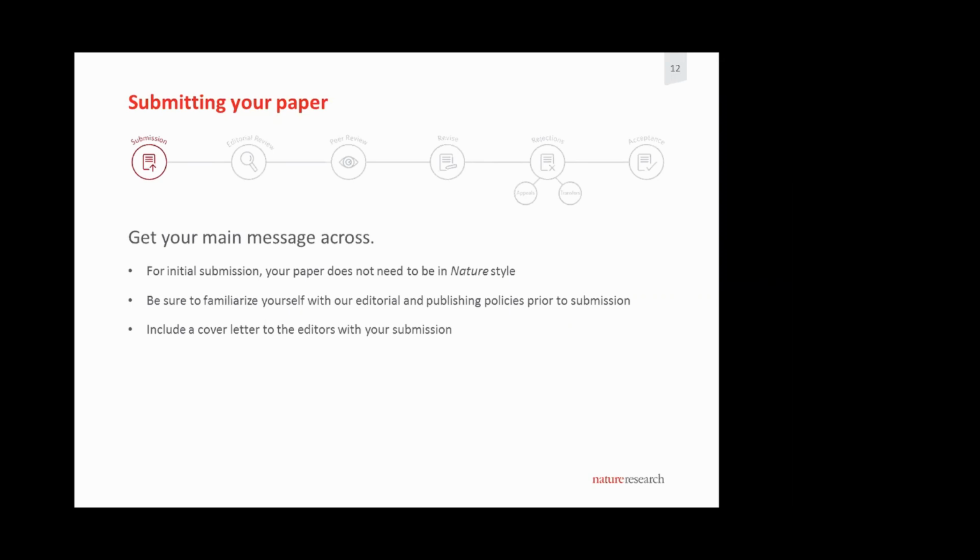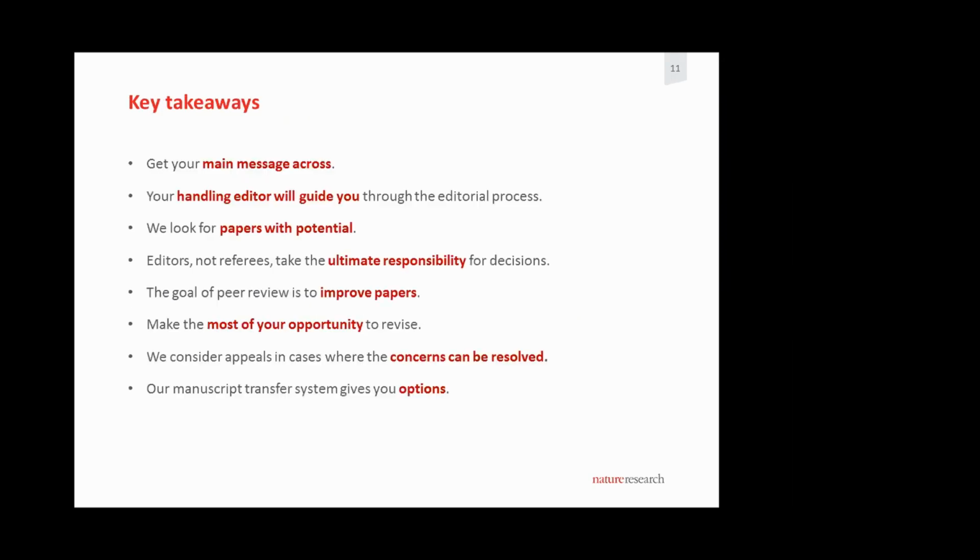Yes. So it's just in the previous slide when you mentioned papers with potential. Maybe it's a naive question, but potential for what? And I will explain why. At the end, the final decision if a paper is accepted or not goes to the editor.